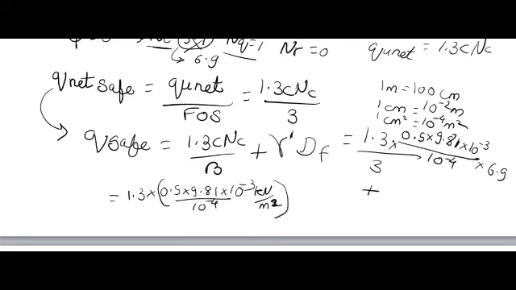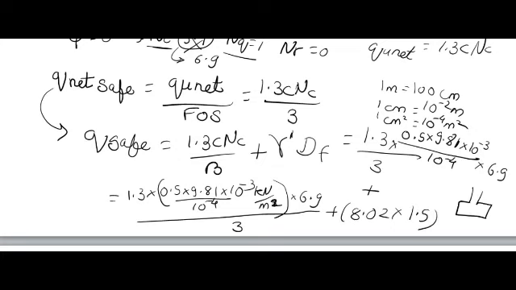Then multiply by Nc, that is 6.9, divided by factor of safety 3, plus gamma dash, gamma submerged given as 8.02, times the depth of foundation, which is given as 1.5. This is the footing, this is the ground level, and this is your depth of foundation.